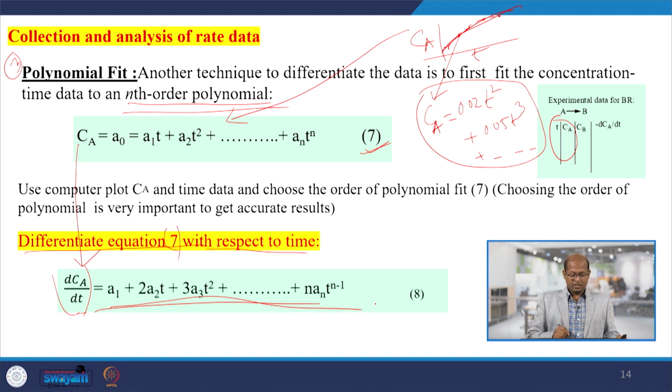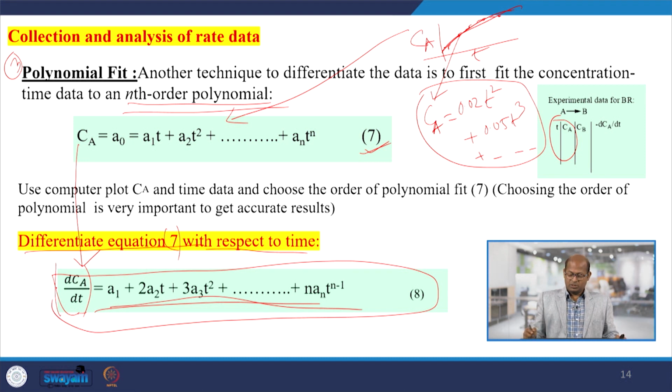Okay. So now we have this first order differential equation. If we want minus dCA by dt at t equals 5, let us say, then we put t equals 5 here. The corresponding A1, A2, A3 values are known, so the corresponding dCA by dt value will be evaluated.